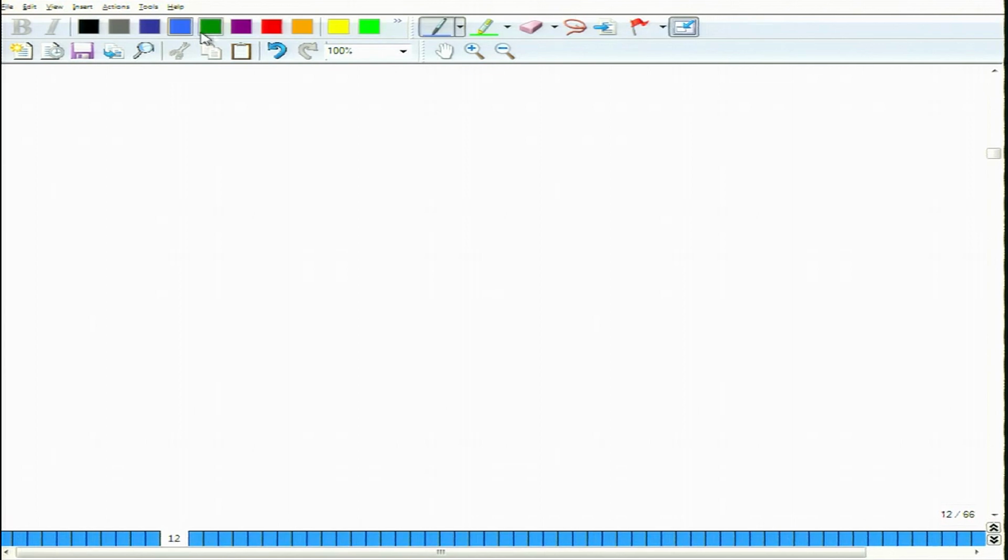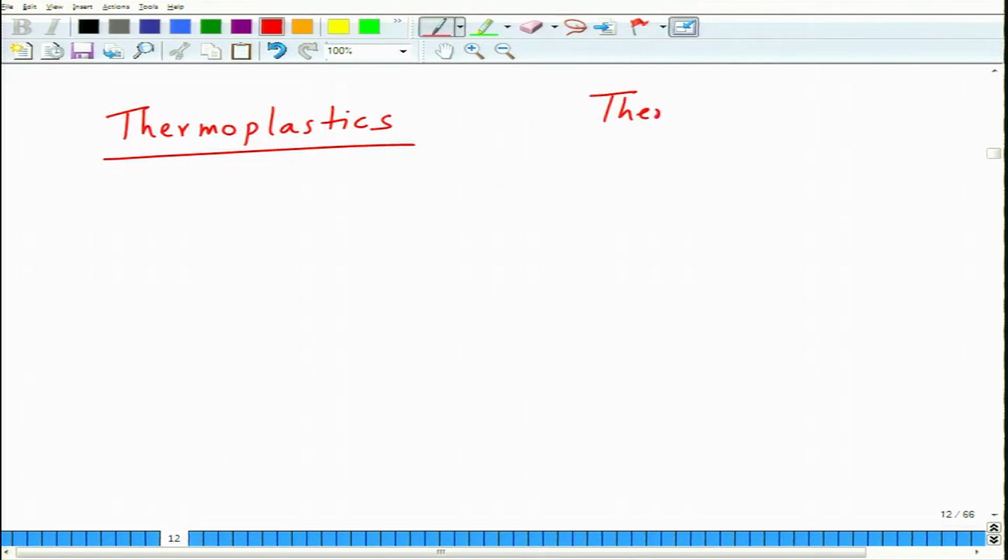These polymers typically are characterized as, the first category known as thermoplastics, and the second category known as thermosets. Thermoplastics can be softened.